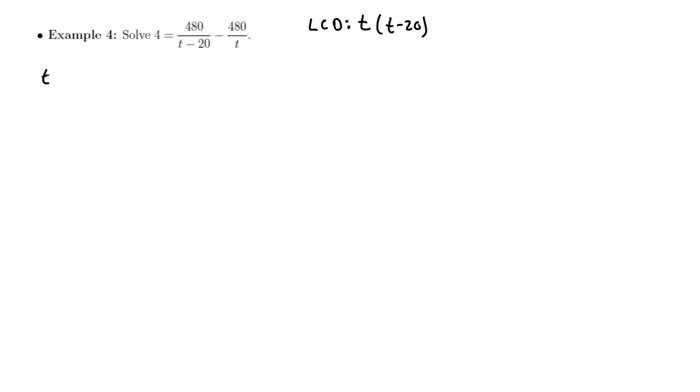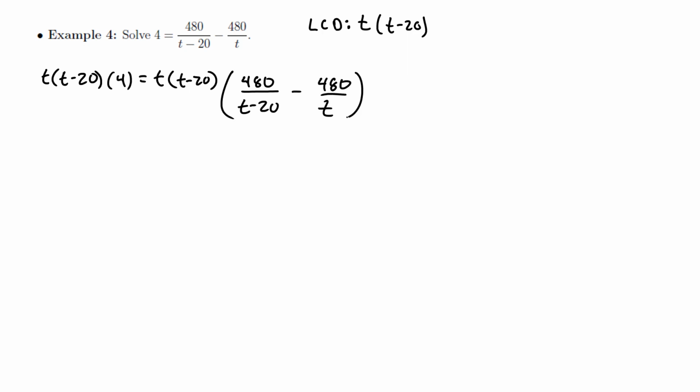So that's what I'm going to multiply by on the left and on the right. So over here, nothing to cancel, so maybe I'll put that 4 next to the t.